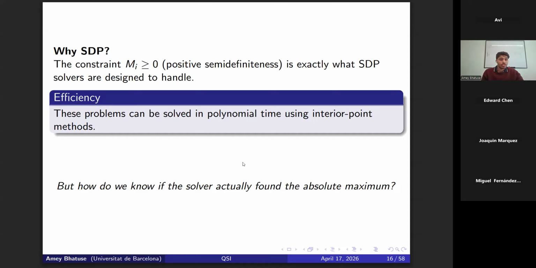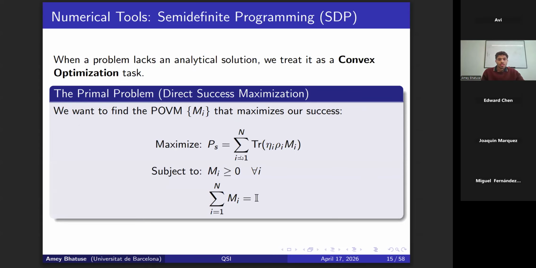Now there's another question: if we solve this semi-definite program, how do we know that we actually reach the optimal success probability, that we have the actual optimal measurement?